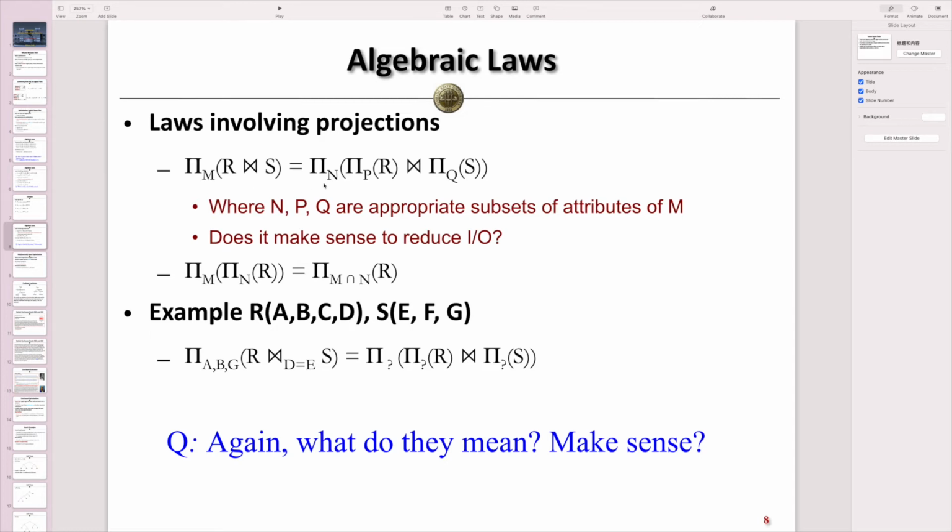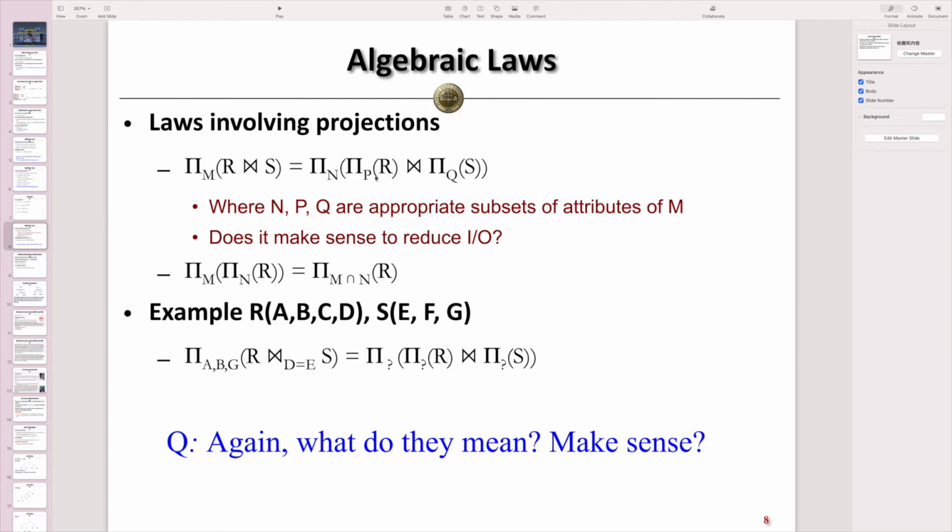On the right-hand side, we have the projection of P attributes from R first. If R is a very large relation with lots of attributes, we can just project some desired attributes first, that is P, right? Similarly for S, if S is also a very large relation with lots of attributes, we just project some subset of the attributes first, and then we do the join. The cost of this join will be very low, right?